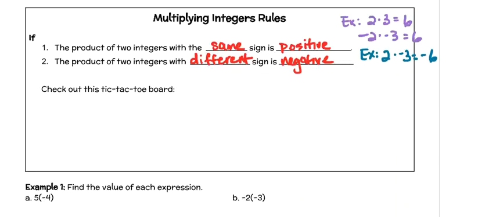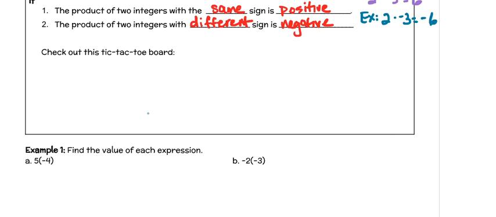One thing, this only works for multiplying and dividing of two numbers, okay? This tic-tac-toe board is really neat. It's something you can do when you're first starting to learn and work with integer operations, and it does not work at all with adding and subtracting. This only works for multiplying and dividing.